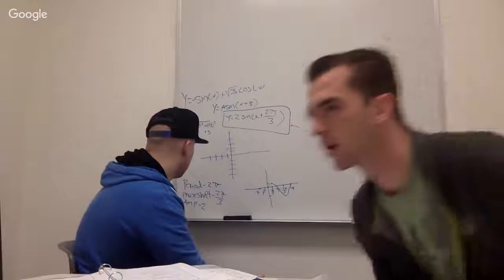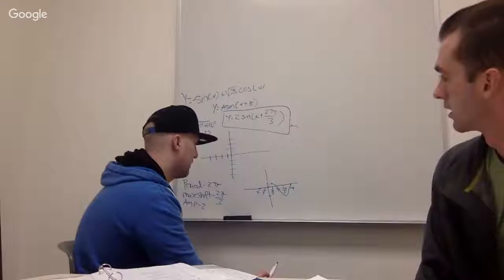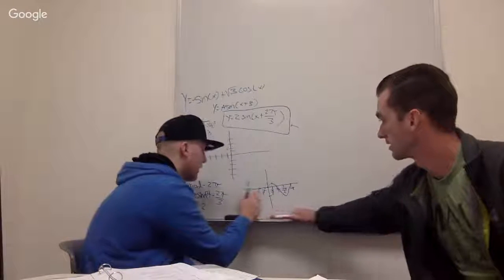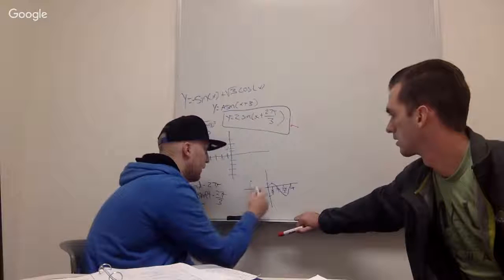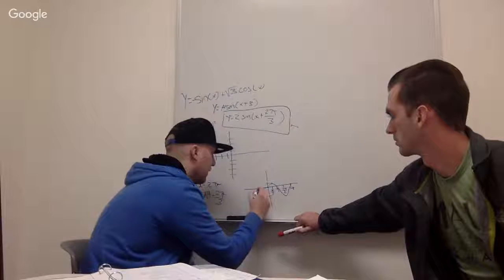Which I don't quite get. So the phase shift is 2 pi thirds. So it actually is going to 2 pi thirds. We'll put that there. This guy is pi halves, this guy is pi.